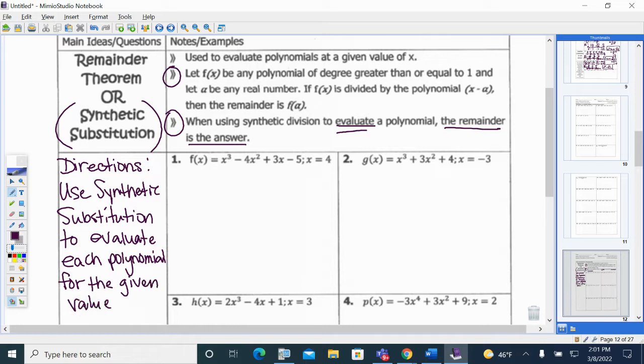Now, when you were first introduced to evaluating, basically all you were told to do would be to substitute the number in. We're going to use synthetic substitution instead.